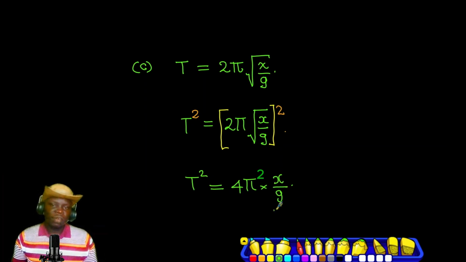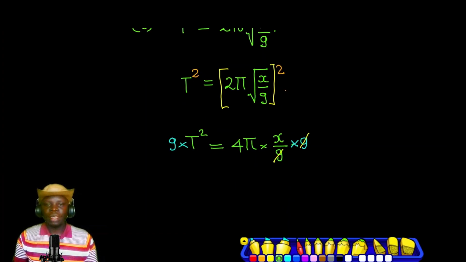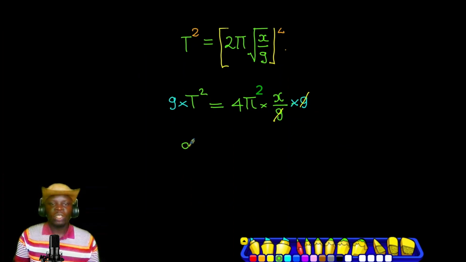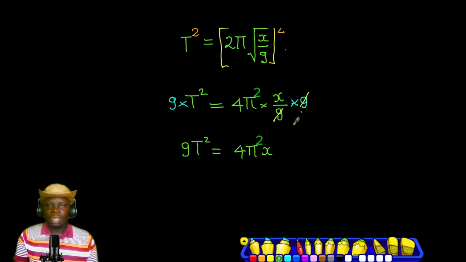Now our main interest is to make this x alone, so we have to remove this g by multiplying both sides by g. While doing that, we know that our g here will simply cancel. And after that, we have to recopy the remaining terms, and we have g t squared equals, so this becomes 4 pi x, because g has gone and we need only x.